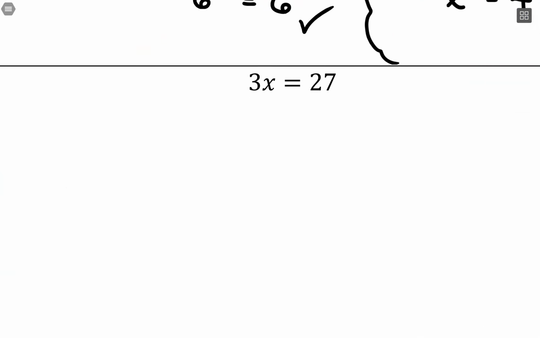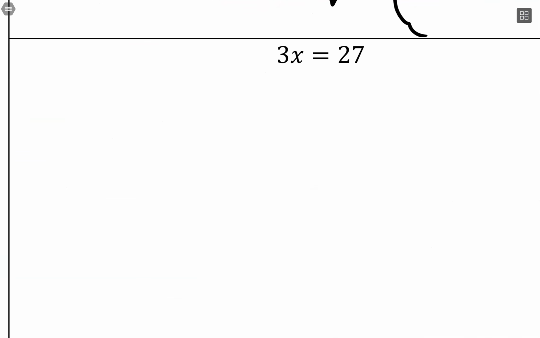All right. Now with this one, my variable is right there with x, but I have something multiplying on. If it helps, you can rewrite this as 3 times x equals 27. What we saw up above was addition with x and subtraction with x, or addition of a negative, but it's the same idea.